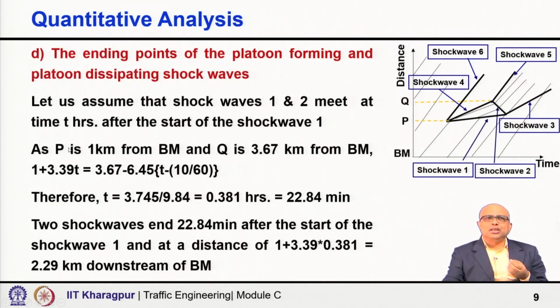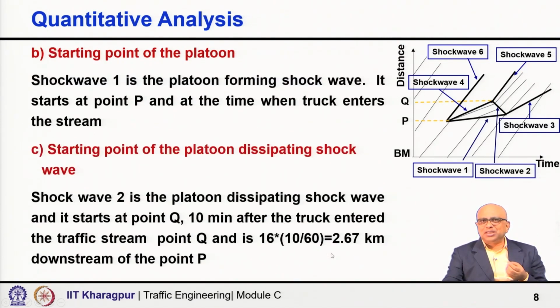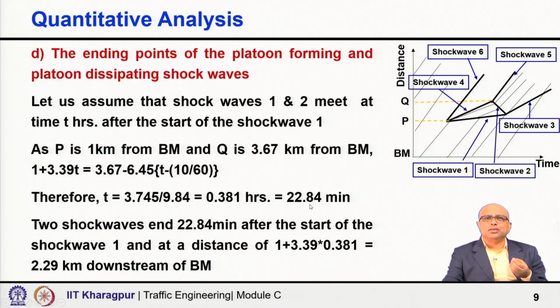The truck is entering at point P, which is 1 kilometer from the benchmark, and Q is 2.67 kilometer downstream of point P, that is what we have calculated. So, the distance between P and Q is 2.67 kilometer.